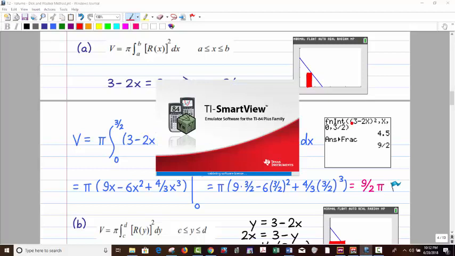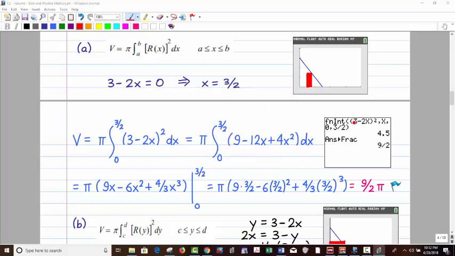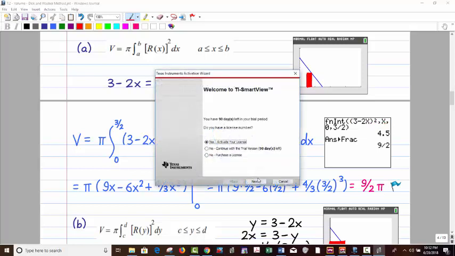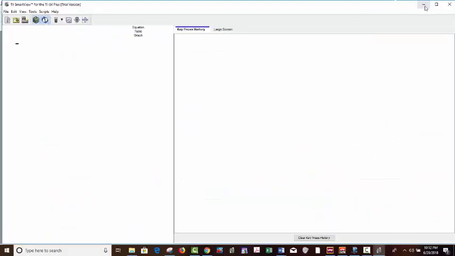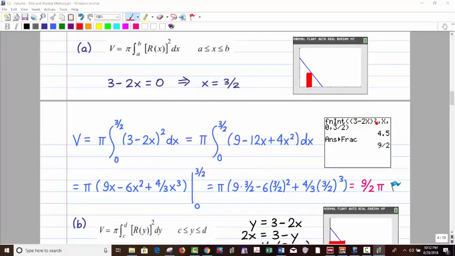I decided to bring up the calculator for a minute. 3 minus 2x all squared, so I've got that in parentheses, comma x. X means your variable of integration. So obviously the x has to be whatever your variable is. They have to match. Then you put lower limit 0, upper limit 3 halves, 4.5, which is 9 halves. And of course I didn't put the pi in there. So that makes it 9 halves pi.